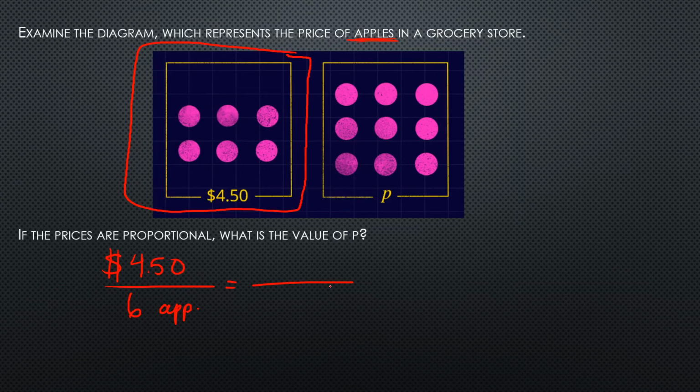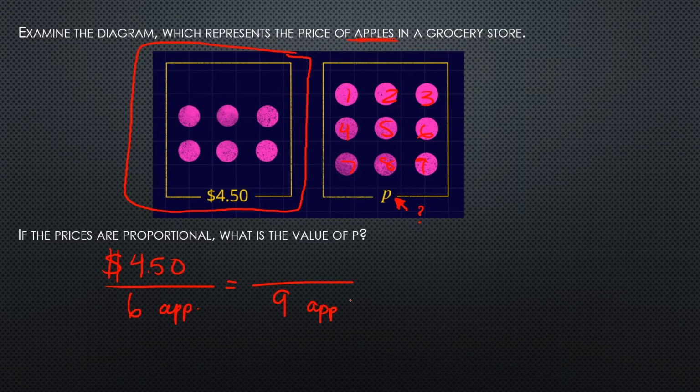And on this other side, I don't know what the price P is. However, I do know how many apples I'm buying from these dots. I'm buying 1, 2, 3, 4, 5, 6, 7, 8, 9 apples. So I'm going to put 9 on the bottom. And there's two different ways you can solve this.